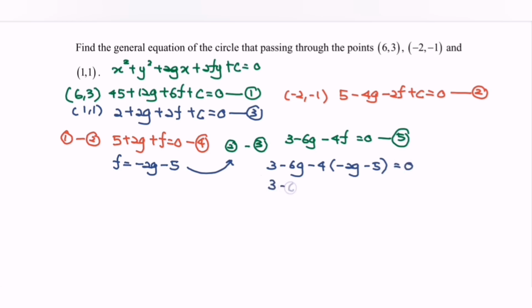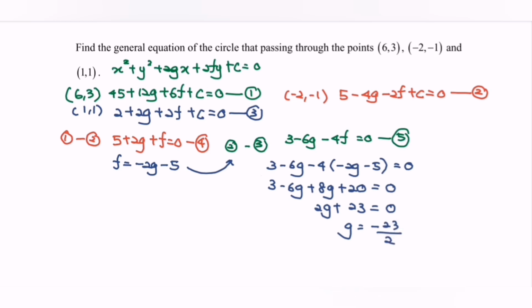So 3 minus 6g plus 8g plus 20 equals to 0. So we will have 23. Okay, so we have 2g plus 23 equals to 0. So finally, g will be equal to negative 23 over 2.